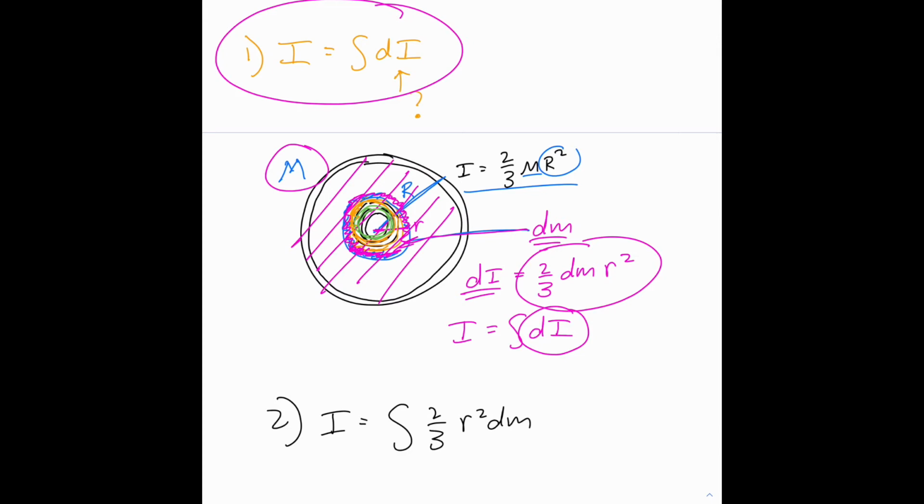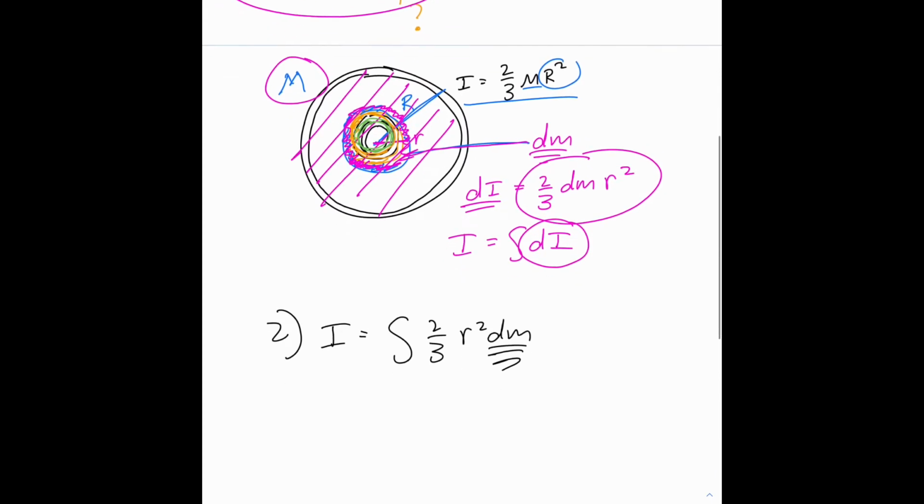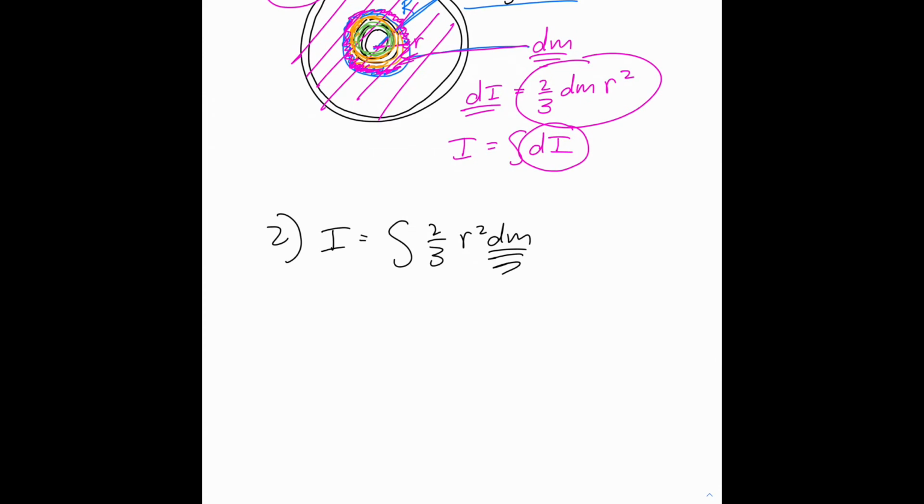And let's consider what we can substitute for dm. Uniform density is the name of the game one more time. This time we'll think of density in a traditional sense, kilograms per cubic meter. How do I determine the density of the entire solid sphere? That would be the total mass divided by the total volume, and the volume of a solid sphere is 4/3 pi r cubed.